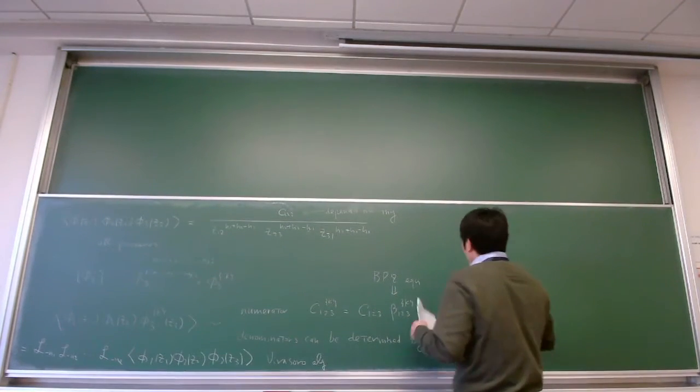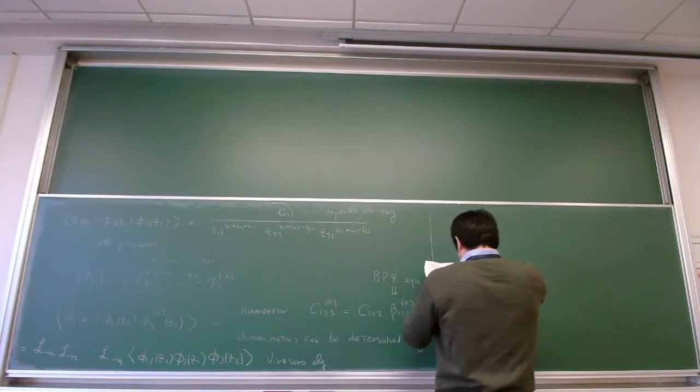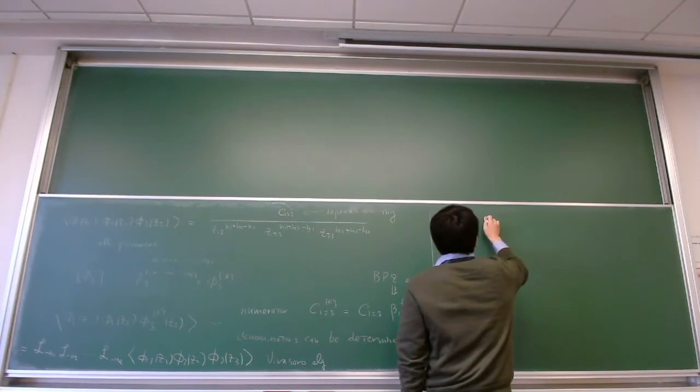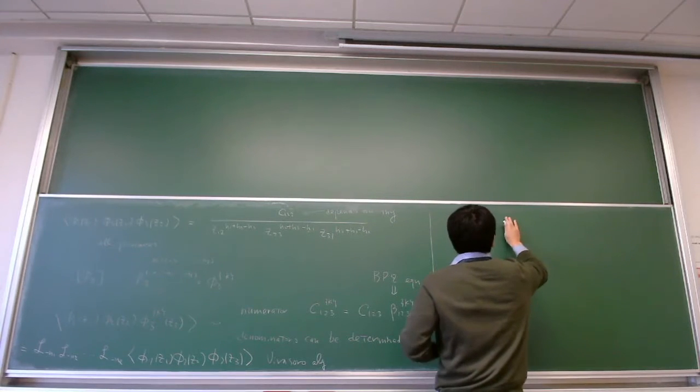And we talk a little bit about the four-point function. In the four-point function, you have z1, z2, z3, and z4.